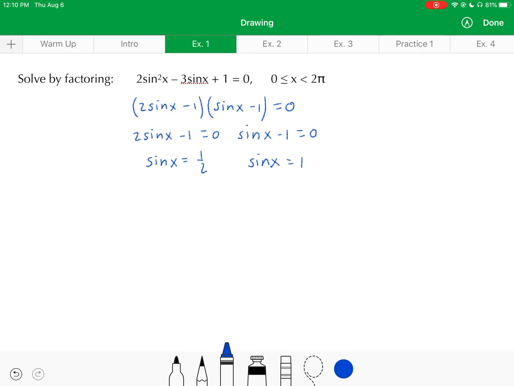Okay, so sine of x equals 1/2 when x is pi over 6 in quadrant 1 or 5 pi over 6 in quadrant 2. And then sine of x equals 1 only at the quadrantal of pi over 2. So we end up with a total of 3 solutions for this equation.